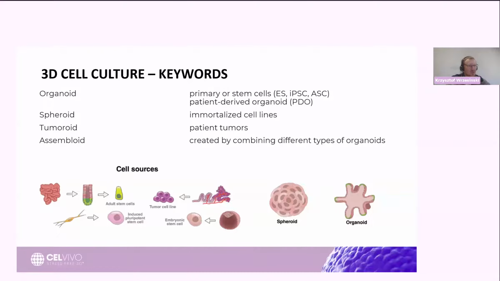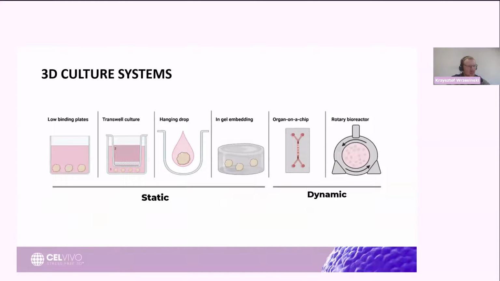All of them can be grown in 3D, and when we grow them, we think about what type of environment we can provide to our cells, and we can use different models and different systems.